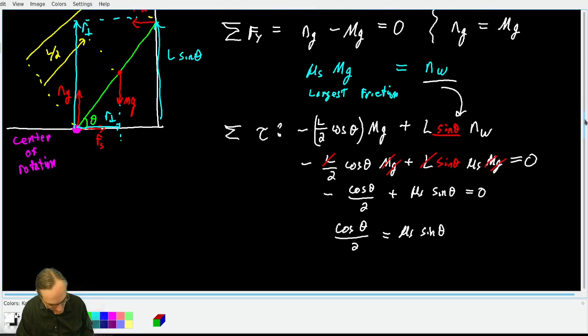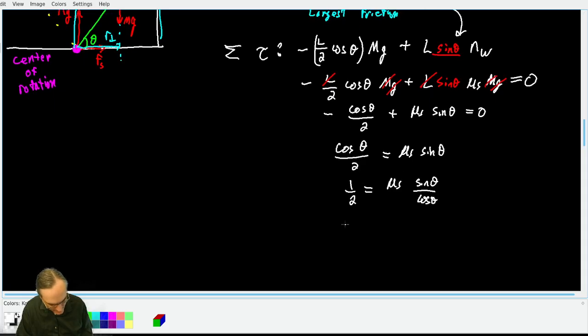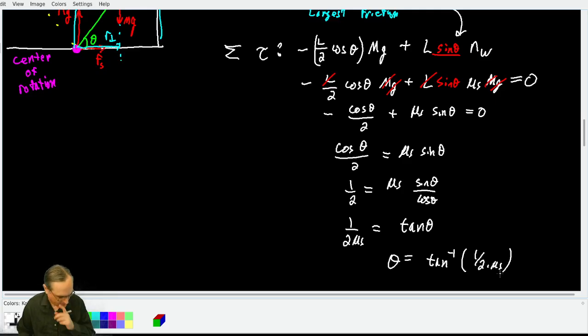I'm going to divide by cosine on both sides. 1/2 is equal to mu sub s sine theta over cosine theta, which you can see that's going to become a tangent. We'll divide through by the mu sub s, and we'll find the limiting angle. Theta equals will be based on 1 over 2 times mu sub s.